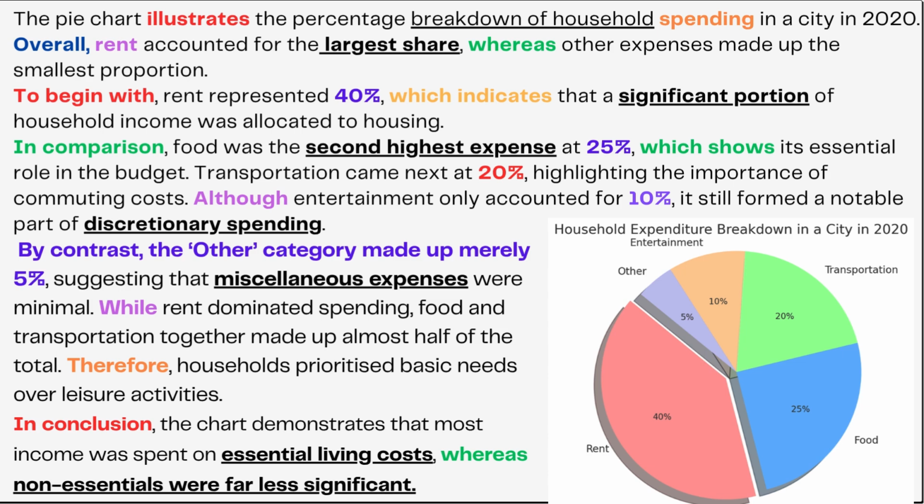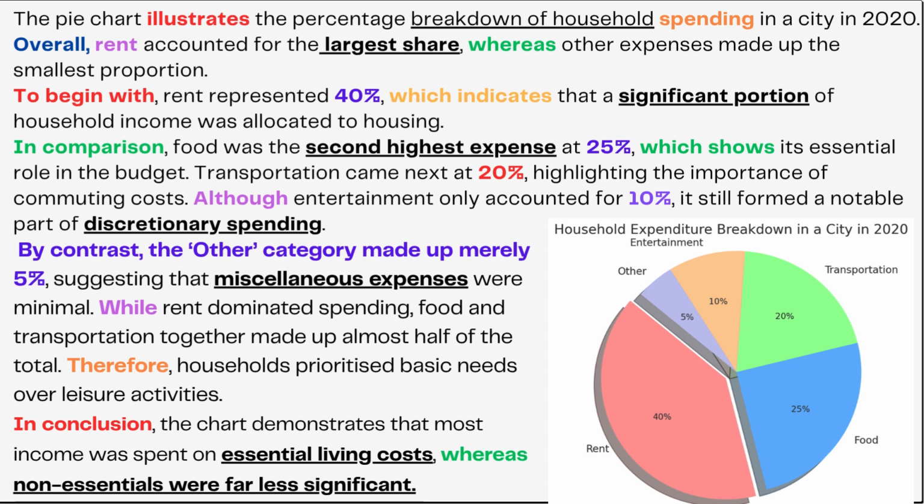What other things we have is the use of synonyms, as well as how I have written down each statement for each portion. Did you get it? Like how I have explained the whole pie chart. This is something very crucial. You need to understand in order to achieve band 9.